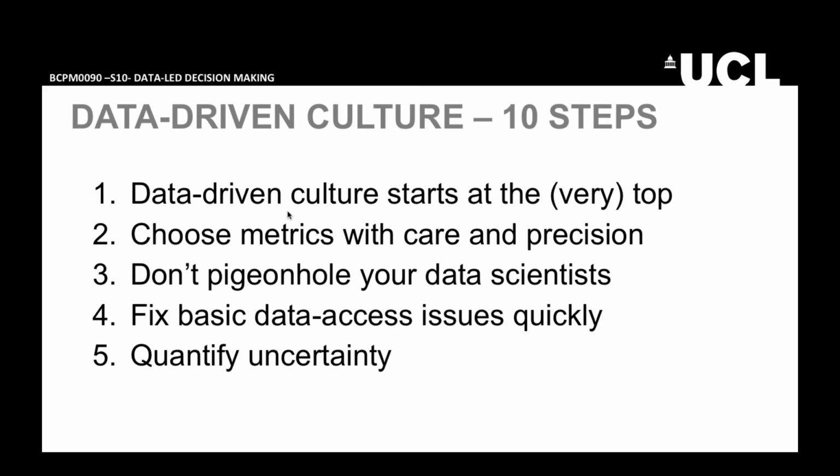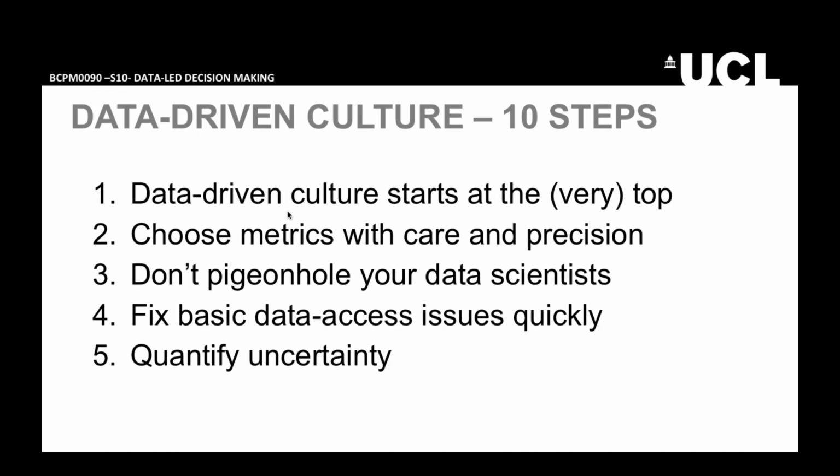The first one is to understand that data-driven culture should start at the very top management of the organization. The second is that we need to choose the metrics, the KPIs, with care and precision. Third is don't pigeonhole your data scientists. Give them freedom to explore.